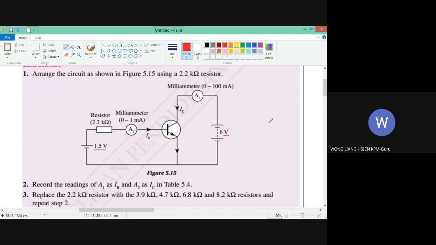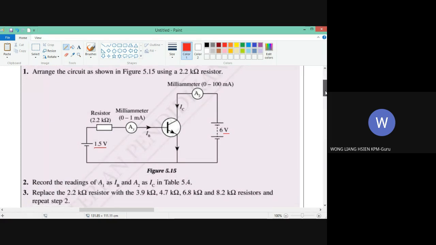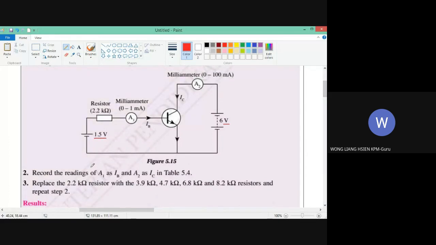Let's look at the procedure. It says record the reading of A1, that is the base current, and the reading of A2, that is the collector current.